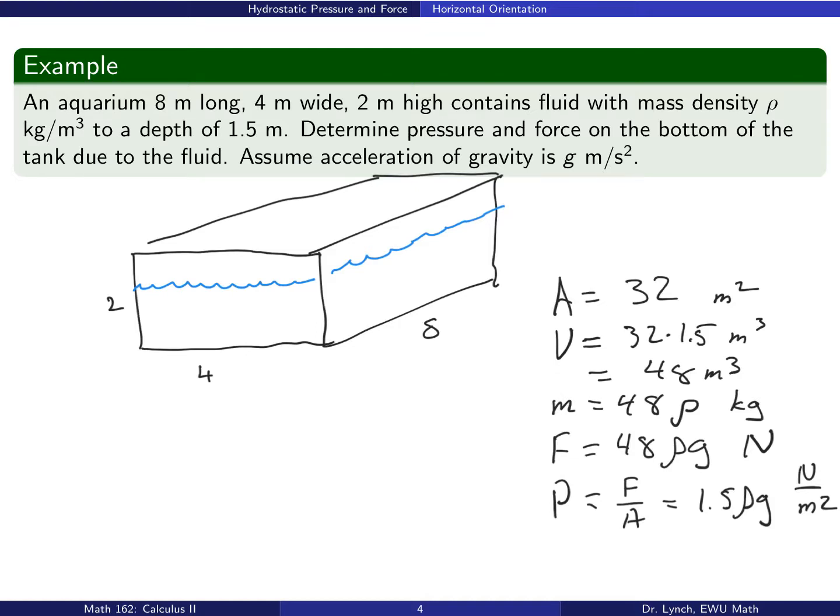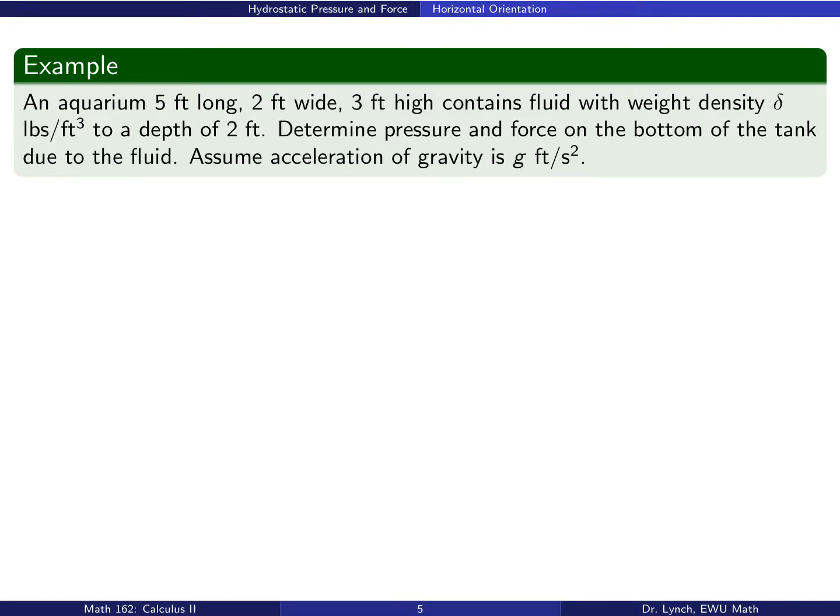The force due to the acceleration of gravity, of course, is just that mass times the acceleration of gravity. So F equals mg, so 48 rho g newtons. And the pressure on the bottom, therefore, is the force per unit area, or 1.5 rho g newtons per meter squared.